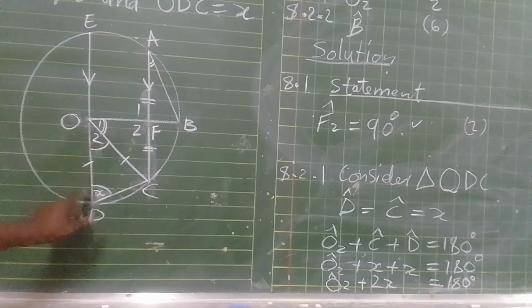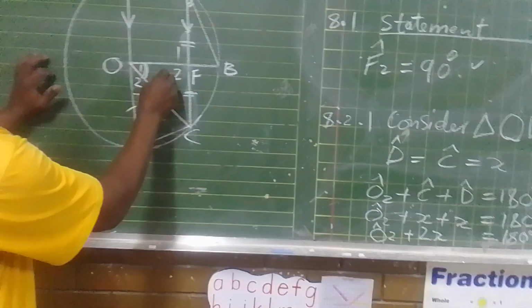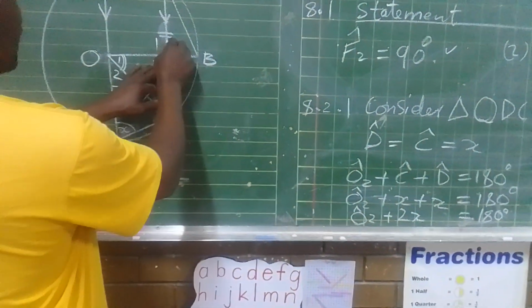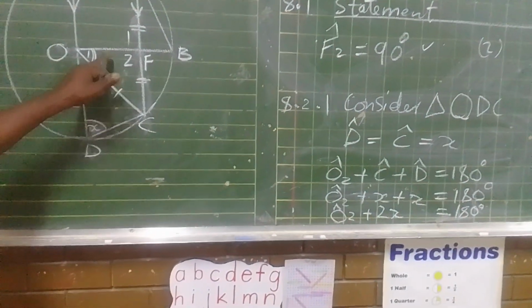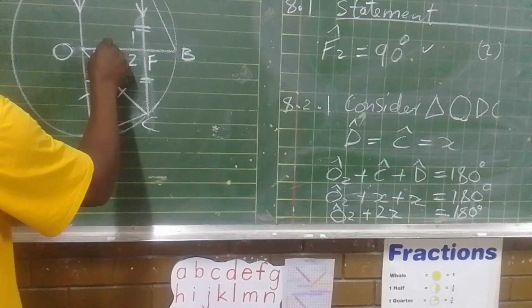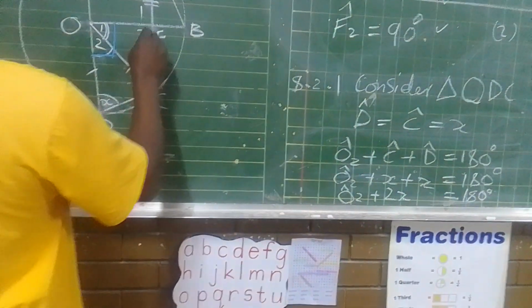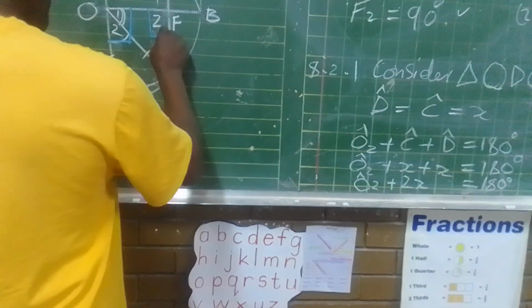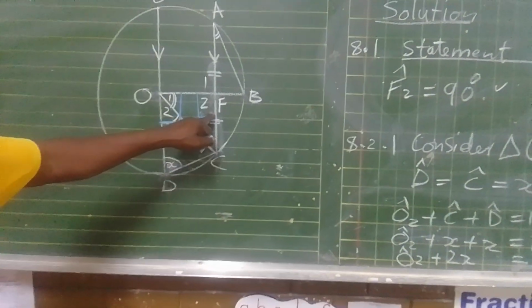This angle DOF is this angle here and this angle here. They are both 90 degrees. We have proven that F2 is 90 degrees.